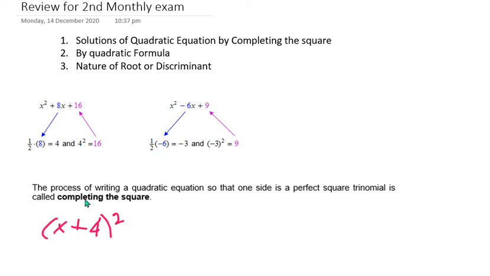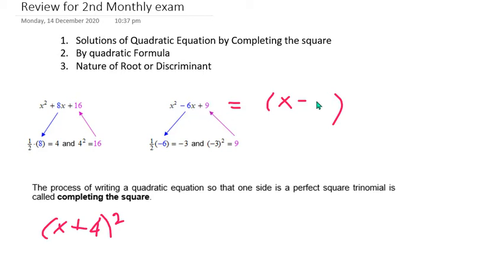So therefore, this is now a perfect square trinomial, and this is also a perfect square trinomial, but this is in the factored form. And we have this x here, and since this is negative, we copy the negative and get 1/2 of 6, which is 3.